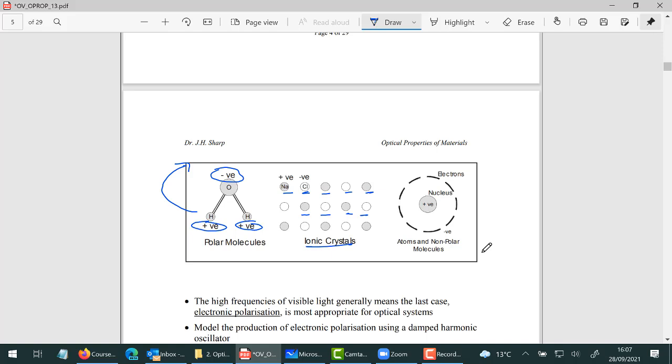If we apply an electric field here, then what will happen is that the electric field will drive these sodium and chlorine atoms perhaps together and then apart, depending on how the electric field is applied, either in one direction or in the other direction. Remember, it's just a sine wave, so it goes positive, negative, positive, negative.